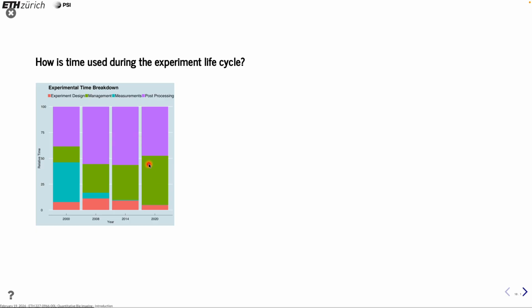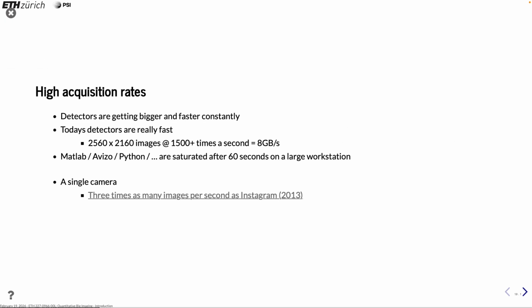And this is actually not the youngest one, and it's also a qualitative plot, but estimated in 2000, you spent some 8-10% on experiments itself. Then you did the measurement, which took a long time because the detectors were slower, you didn't have the intensity that you have today, and so on. So the experiment was very time-consuming. Then you did some data management, copying the data and organizing it. And finally, you put some time on the processing.